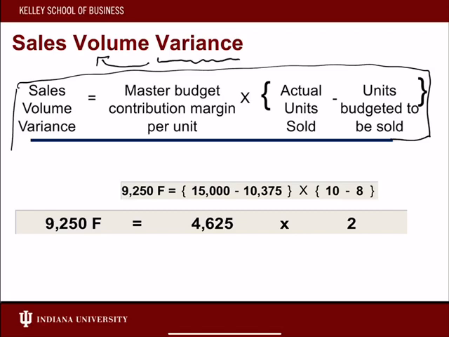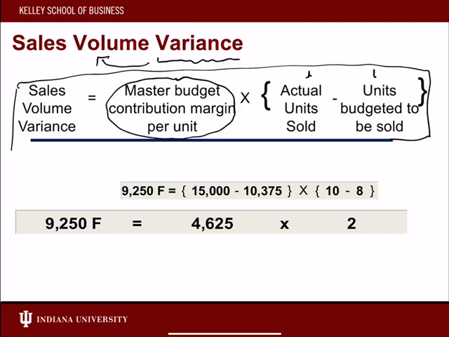So for sales volume variance, we're going to vary the sales volume. So we use our contribution margin per unit. That stays the same. And we multiply that by the difference in sales volume, their actual units minus our units budgeted to be sold.